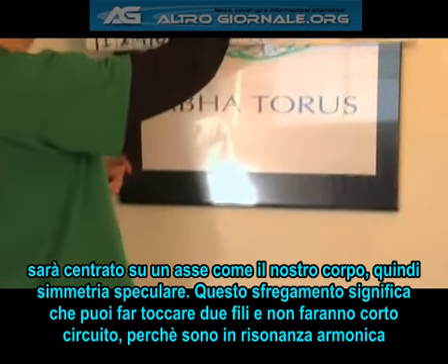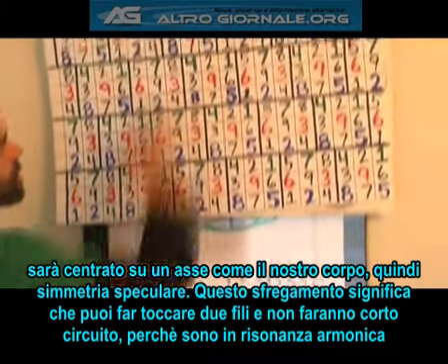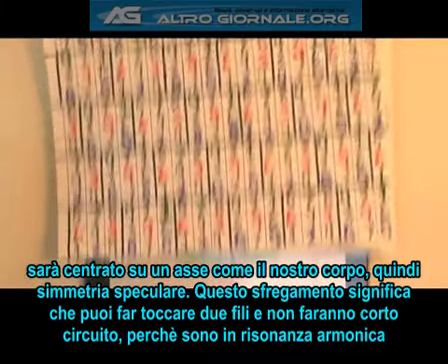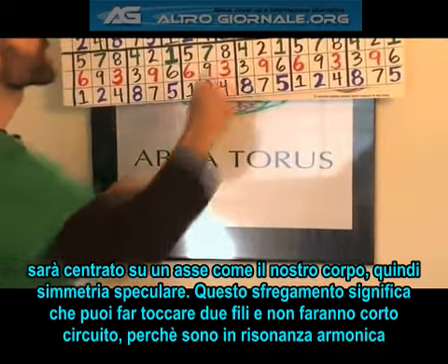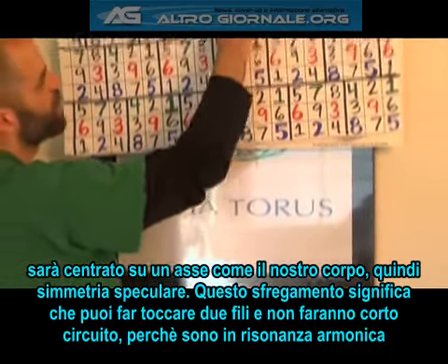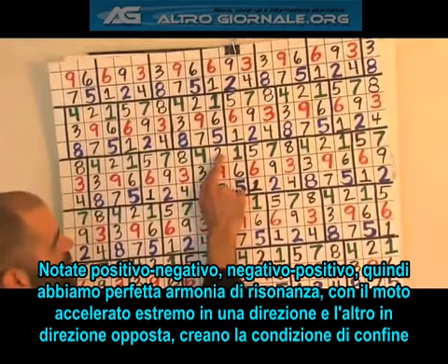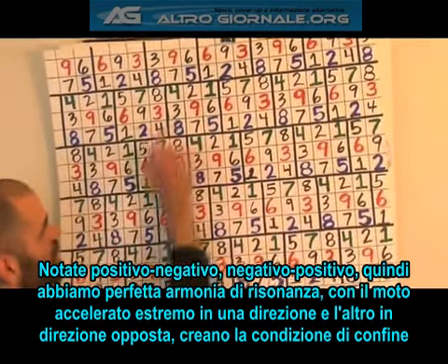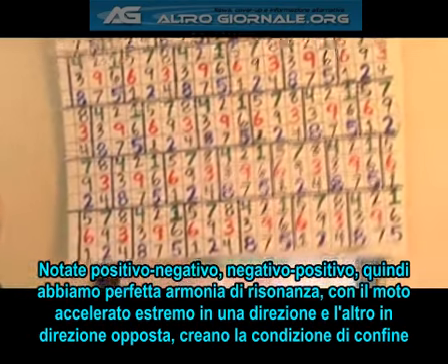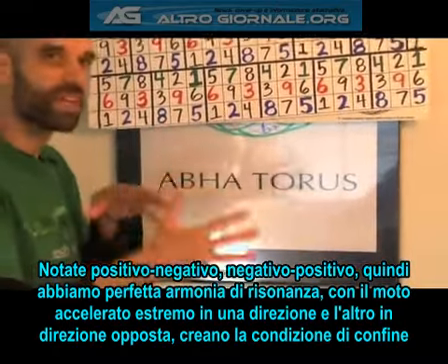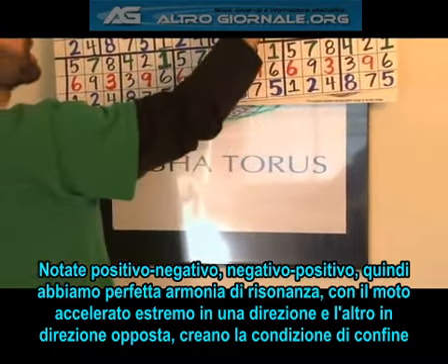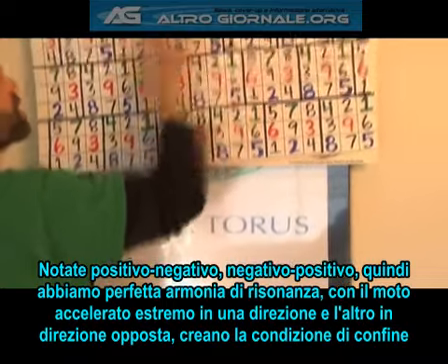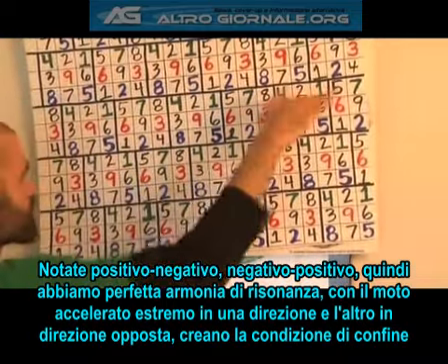Now, this shear means that you can touch two different wires together, two wires, and they won't short out because their harmonics or resonance is so perfect. Notice that it's always positive, negative, negative, positive, positive, negative, negative, positive. So they're always creating a perfect, resonant, harmonic shear by the extreme acceleration and motion in one direction while the other one's going in the other direction.